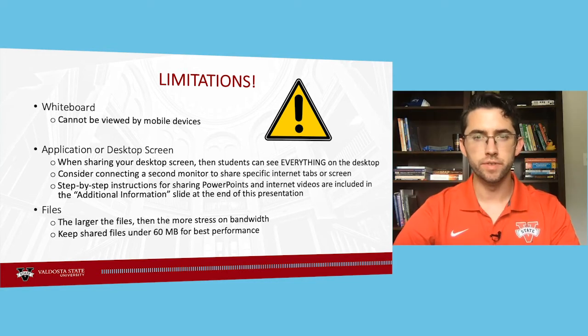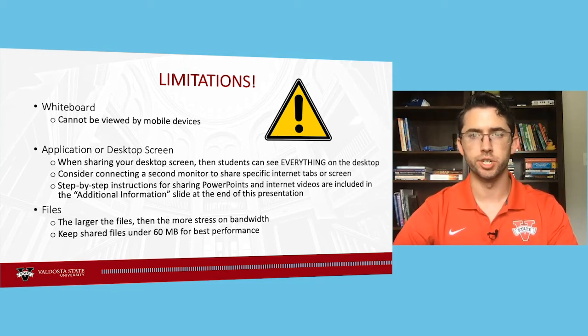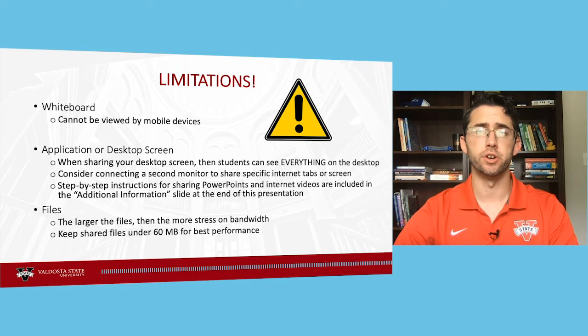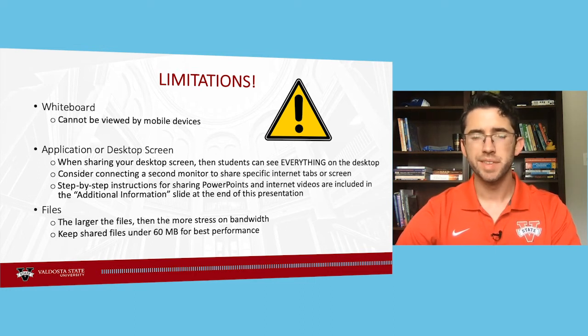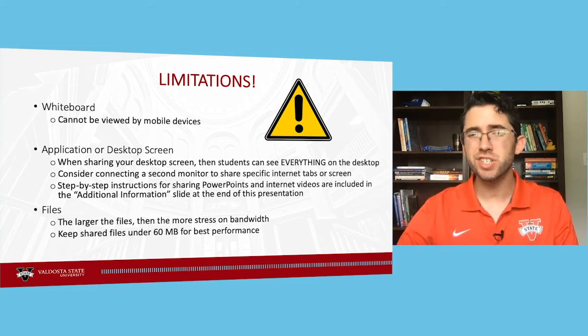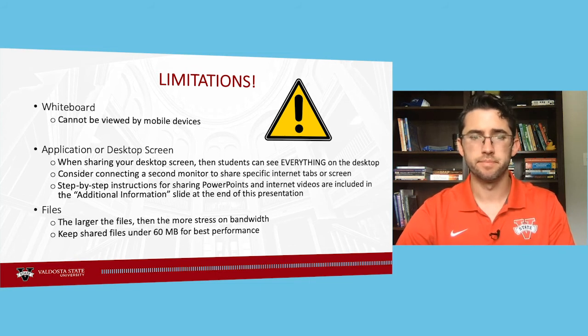Before we dive too far into the sharing content function, I want to speak about some limitations that have come up with Collaborate Ultra along with other video sharing platforms. So first off, the whiteboard. It can't be viewed well on all mobile devices. It doesn't mean that there's not some functions that work, but just keep that in mind with your students.